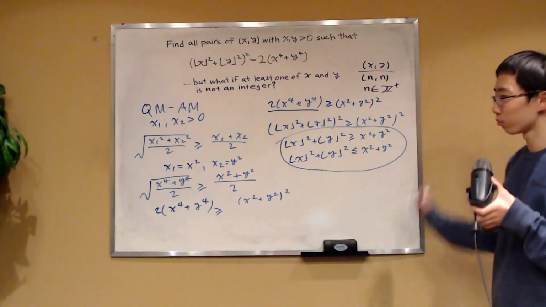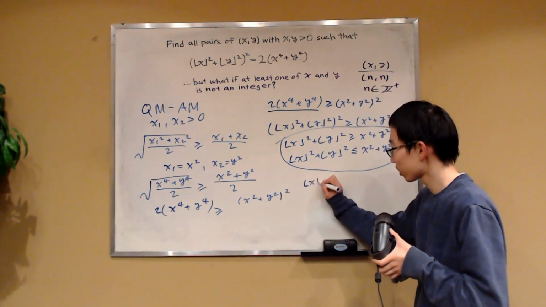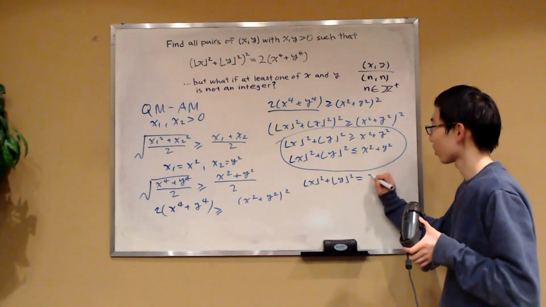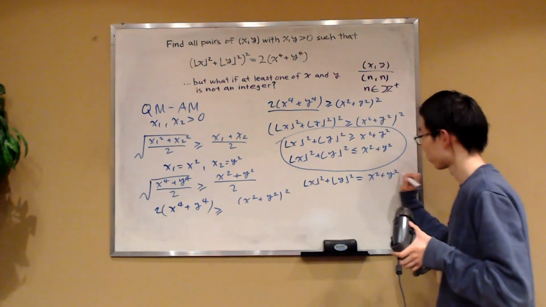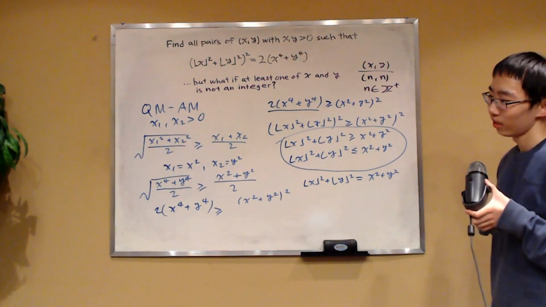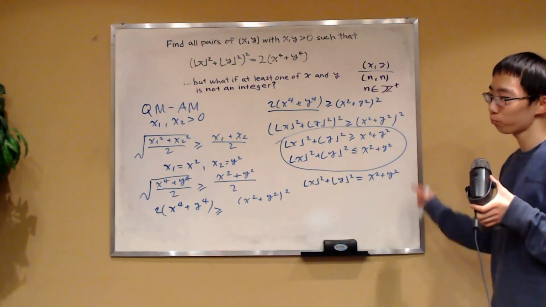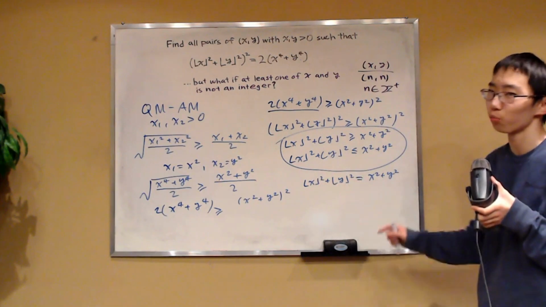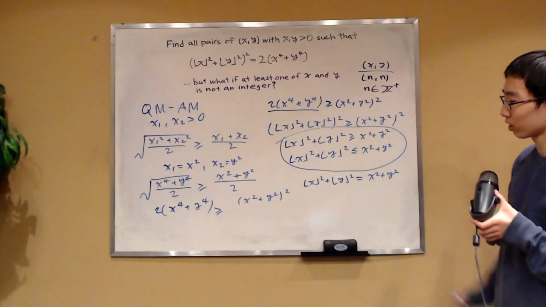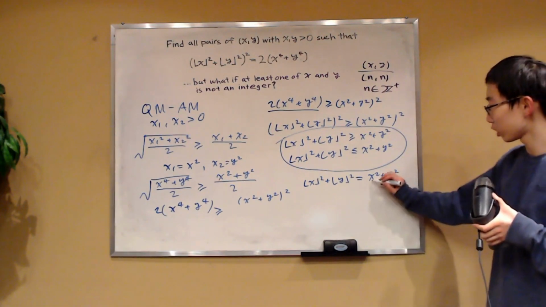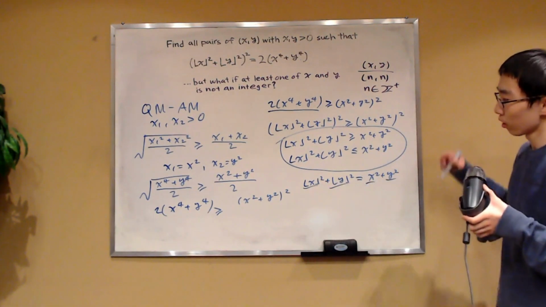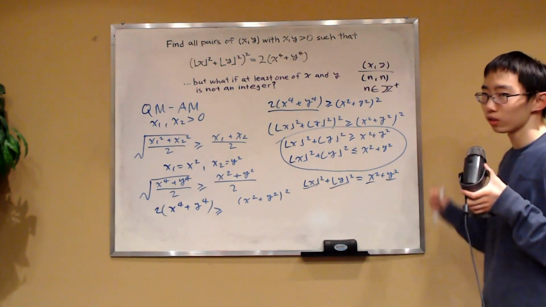Well, the only possibility is that floor of x squared plus floor of y squared is equal to x squared plus y squared. But when can this happen? Well, this can only happen when x and y are both integers. And the reason is pretty obvious. If they are not both integers, then at least one of these will be greater than these two. So obviously, they both have to be integers in that case.